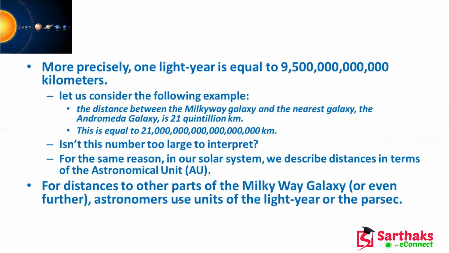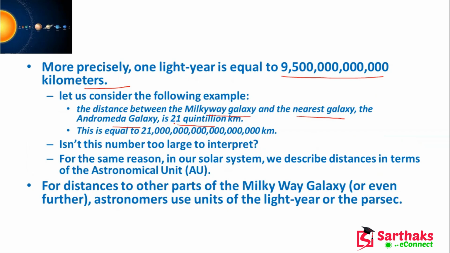So 1 light year equals this many kilometers. It is better to use the light year because this is a huge number of kilometers. The distance between the Milky Way galaxy and the nearest large galaxy, the Andromeda galaxy, is 21 quintillion kilometers. Is it practical to write quintillion kilometers? So better we use the light year.